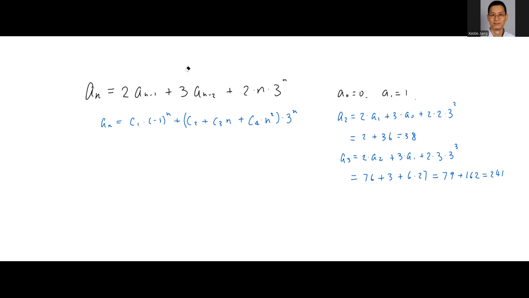So now we plug in, we find 4 equations, all right? So A0, n is 0. You plug in 0 for n, you get (-1) to the 0 is 1. So C1 plus, you have n times 0, so those two terms disappear.